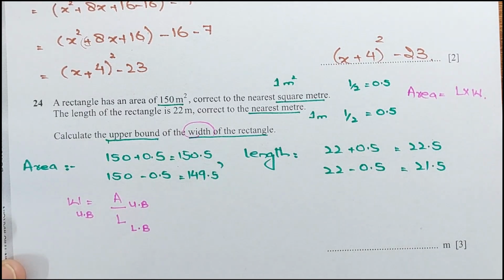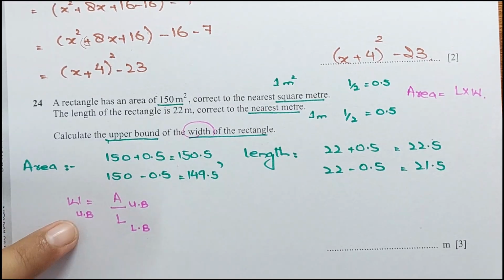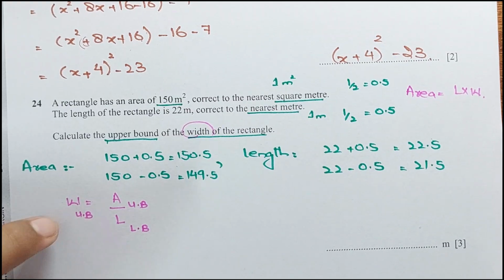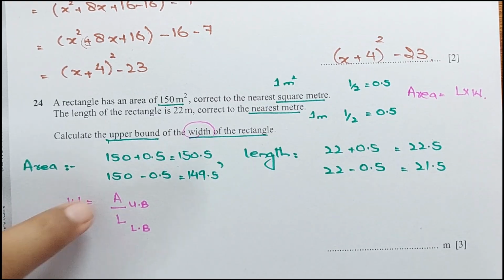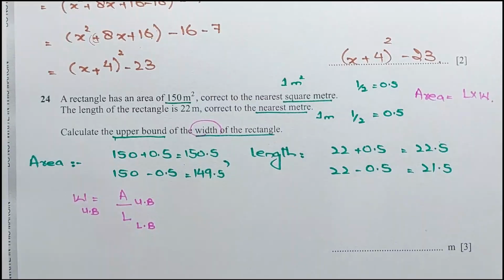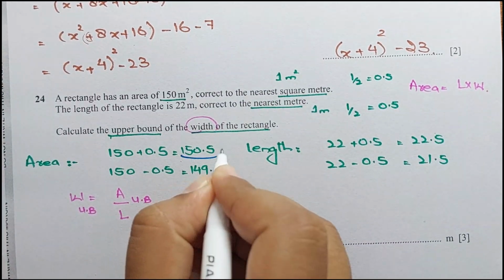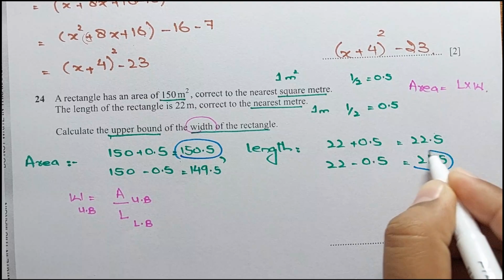Whenever we are dealing with quotients in division forms, finding the upper bound of a quotient, the numerator should be upper and the denominator lower. Finding the lower bound of a quotient, the numerator is lower and the denominator is upper. Keep this in mind. Okay, the area upper bound is this and the length lower bound is this.